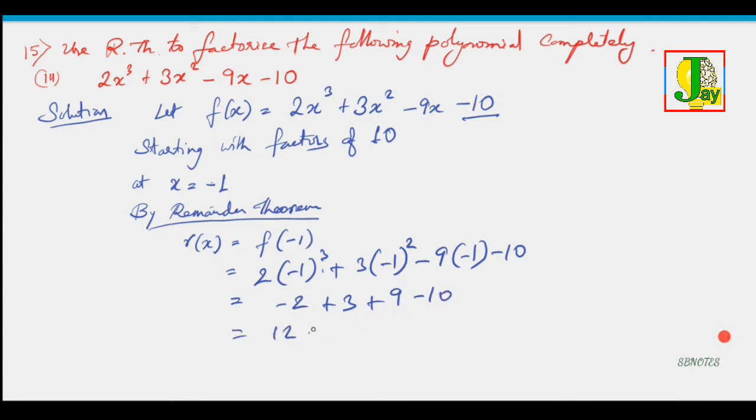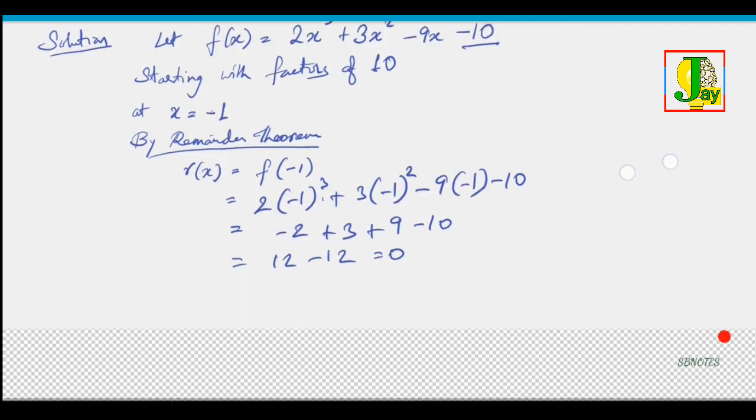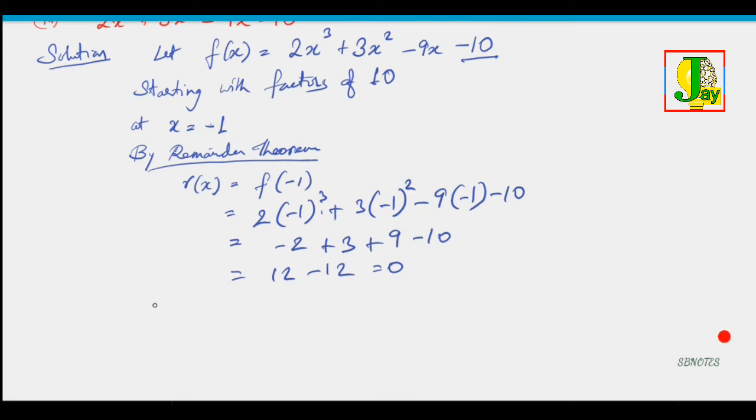Minus 2 minus 10 is minus 12. So 0. Since the remainder is 0, x plus 1 is a factor. Since f of minus 1 equals 0, x plus 1 is a factor of f(x).